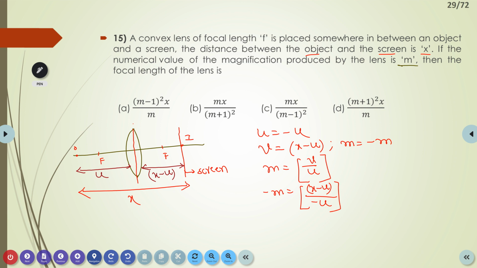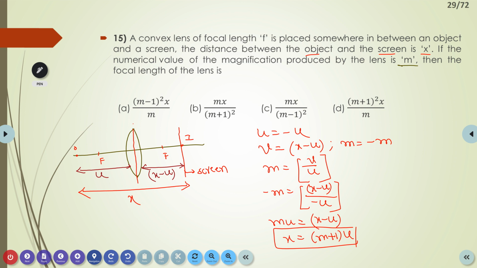Then simplify this. It is M into U equal to minus minus plus equal to X minus U. Rearrange the terms here. By rearranging, X equal to M plus 1 into U. This is the first point. This is 1. Then what about U?